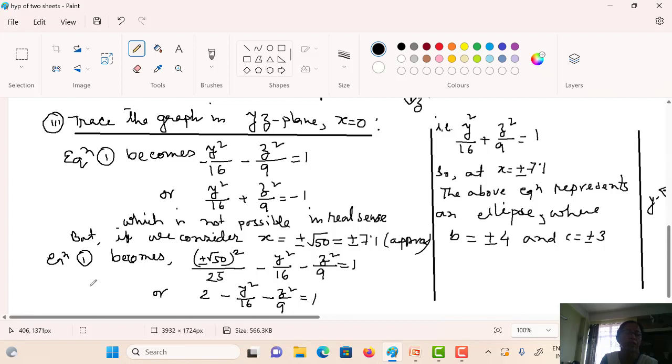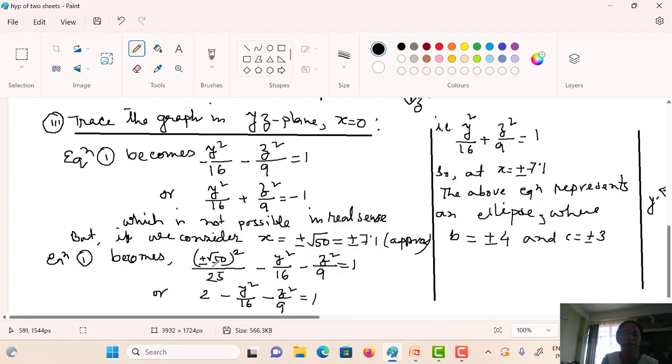Okay, but if we consider x equal to plus minus root over 50, which is equal to plus minus 7.1 approximately, then equation 1 becomes plus minus root 50 whole square divided by 25, minus y square by 16 minus z square by 9 equal to 1.